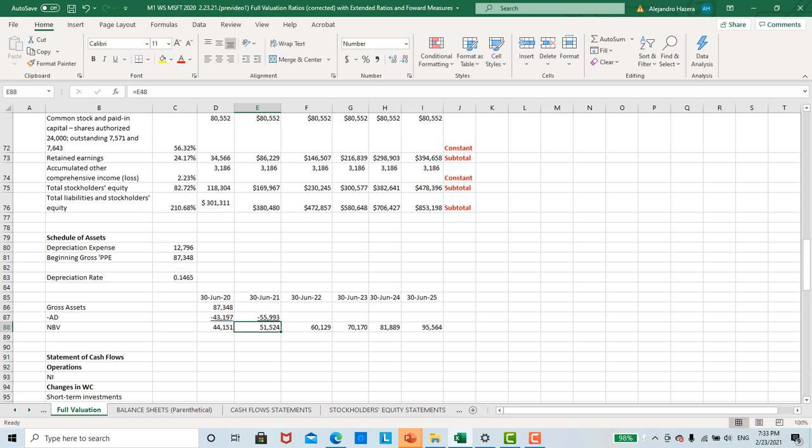Okay, so that should give you your new depreciation there of 55,953. Basically what I did, if you look at the formula, is I took my beginning accumulated depreciation, then added this year's depreciation expense, which is 14.65% of the gross assets.